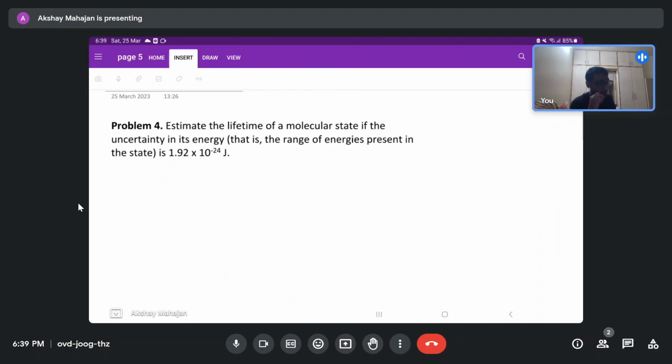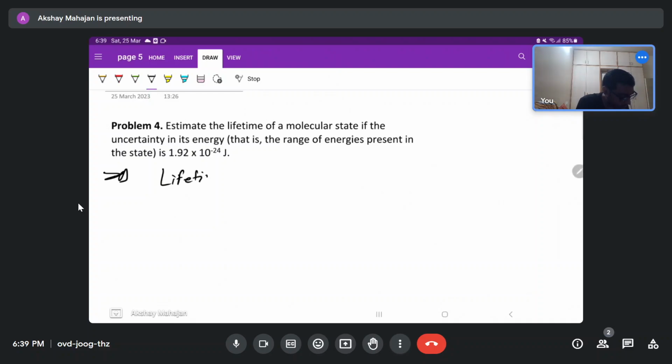There is some uncertainty in its energy, and that has a relation with the lifetime of that molecular state as well. So this relation is given by, let's use the black color, okay. Alright, so this relation of the lifetime with the uncertainty of the energy of that state is given by the lifetime broadening relation.